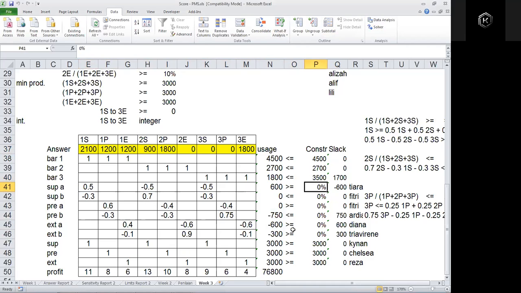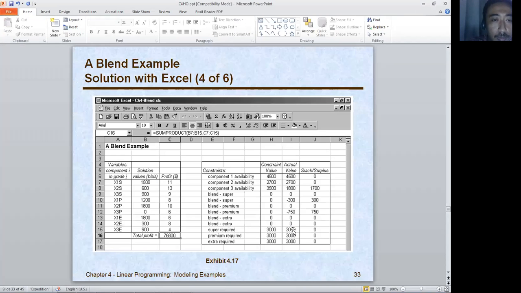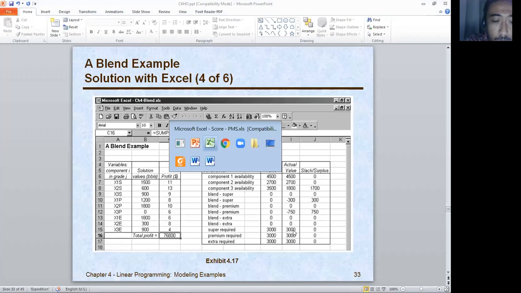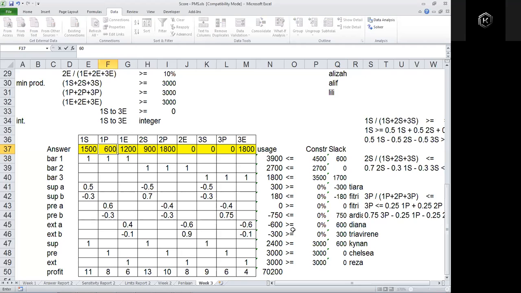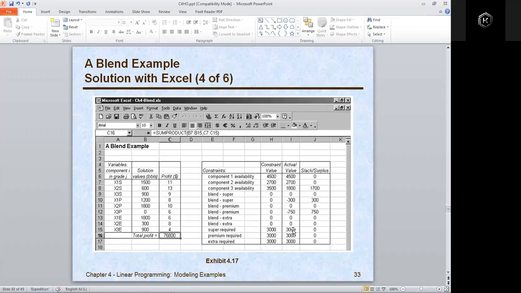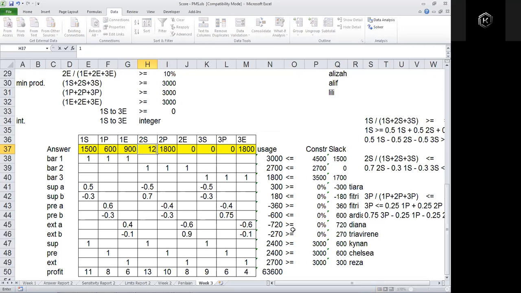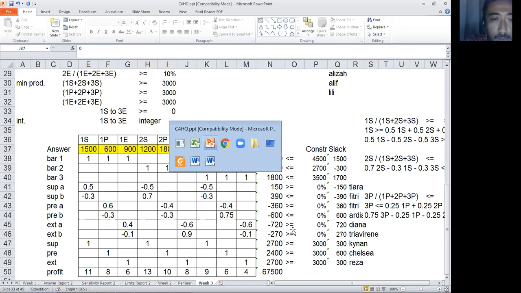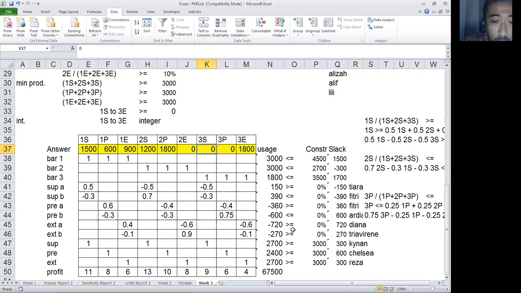Sir, I want to ask something else. Yes, please. It's not in this case, but in the previous case, which is case 5. Okay, the previous case. I found that in the sensitivity report there is a value that I don't understand, sir. In the allowable decrease, there is a value that states 1e+30.